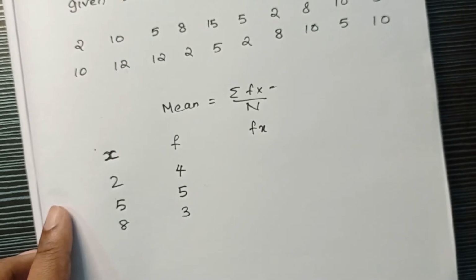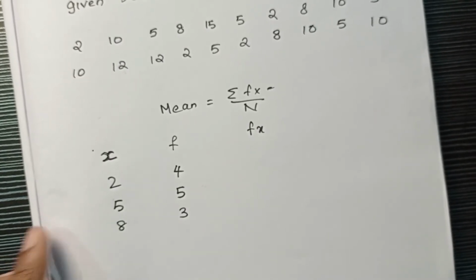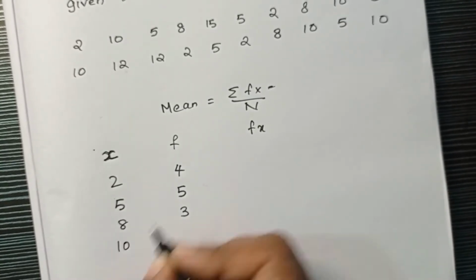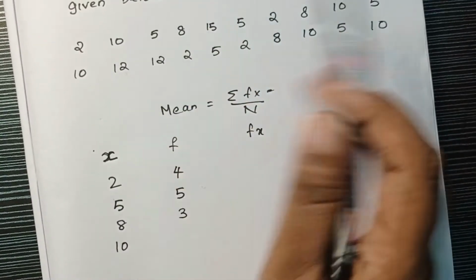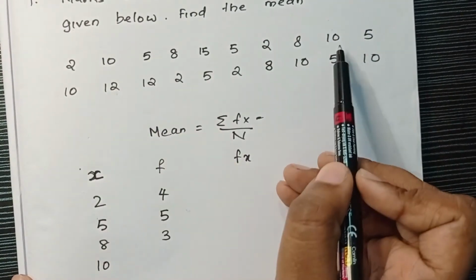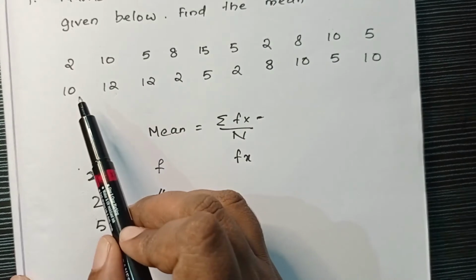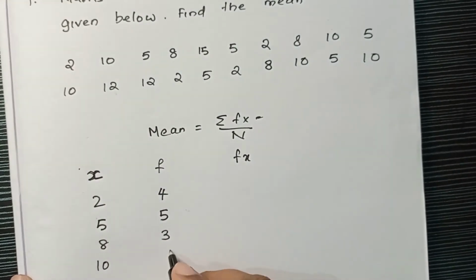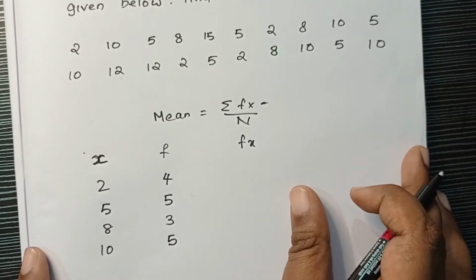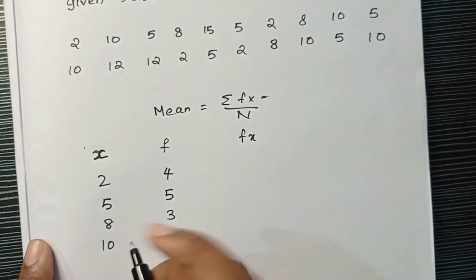Then the next one is 10. How many times is 10 repeating? I hope it is visible to you. 1, 2, 3, 4, 5. So 10 is repeating 5 times. Next one is 12. I'm just moving this a little bit up so that you can see.